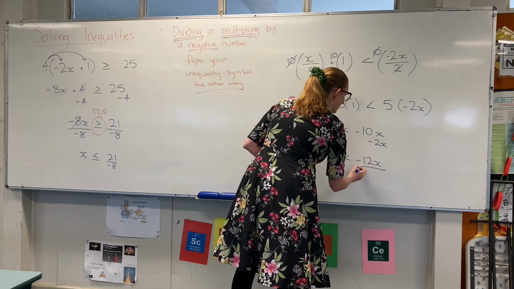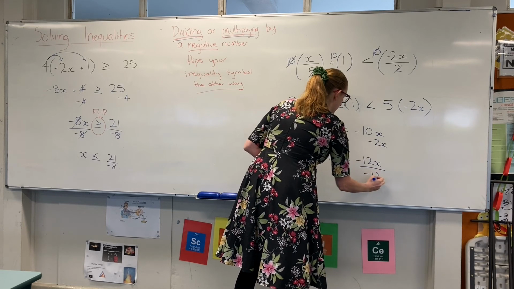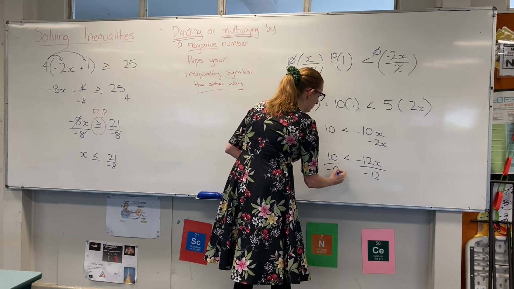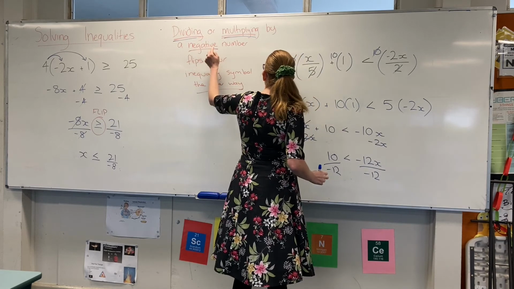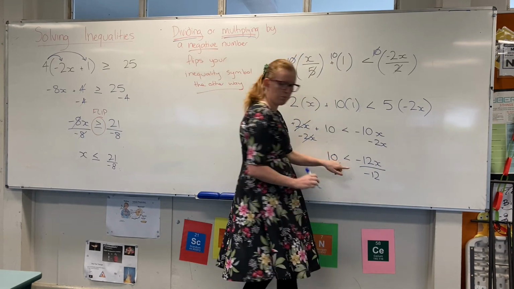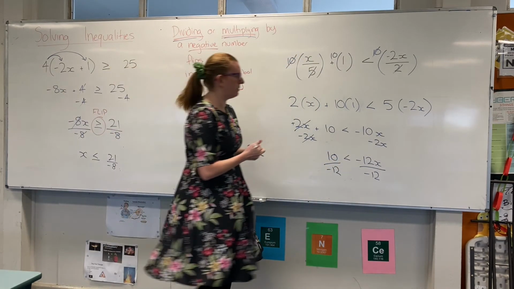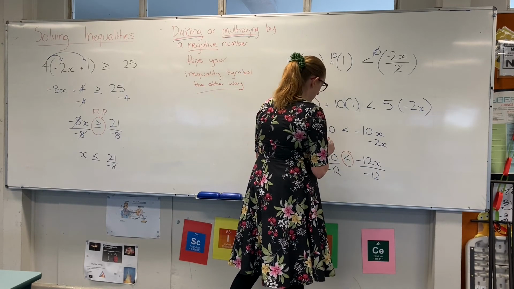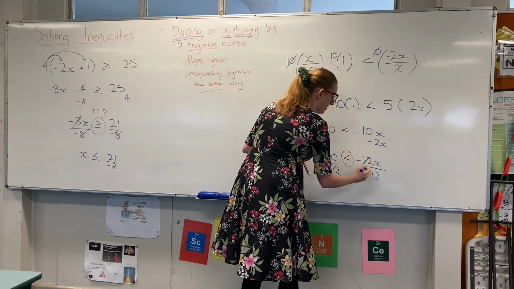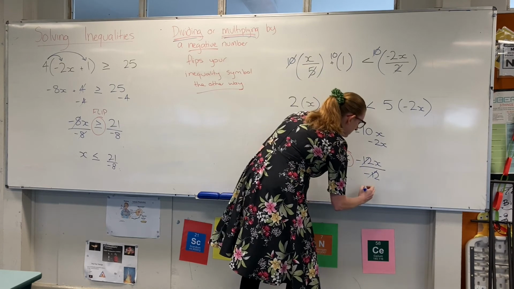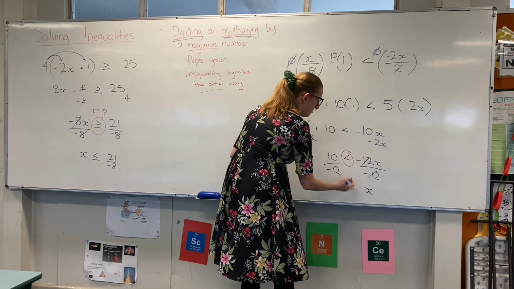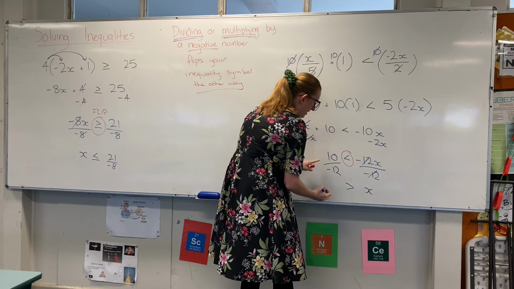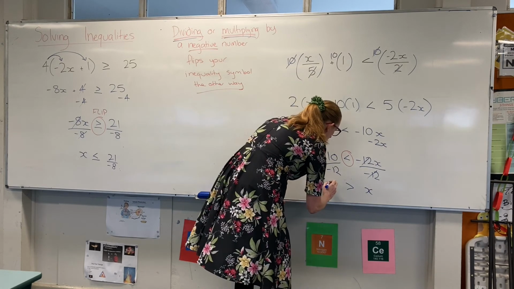So I'm going to be dividing by negative 12, dividing by negative 12. Now because I'm dividing by a negative, this symbol flips the other way. So they've cancelled out. So all I'm left with over this side is x, but this symbol now faces the other way. And I've got 10 over negative 12.